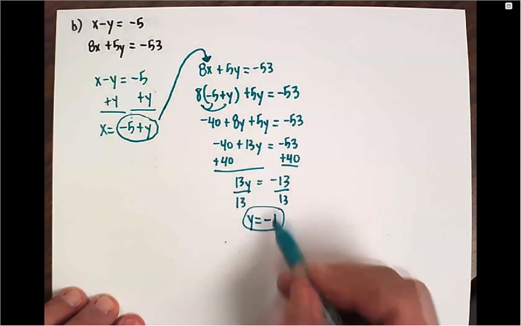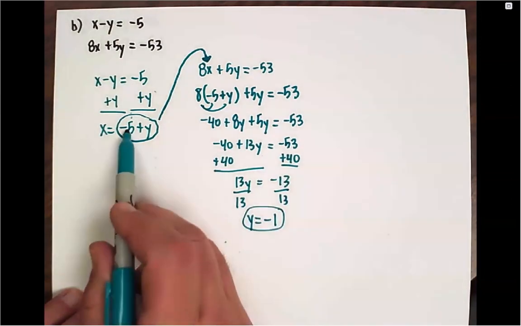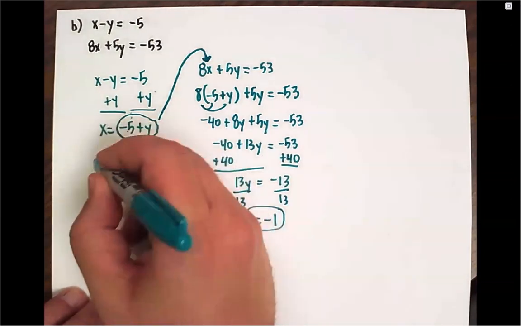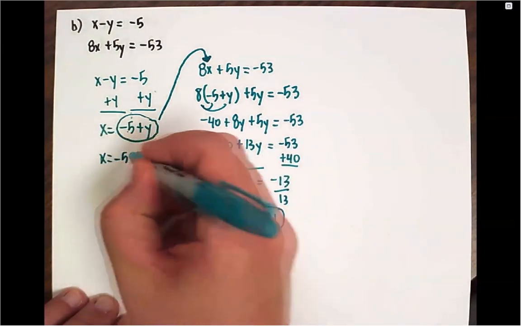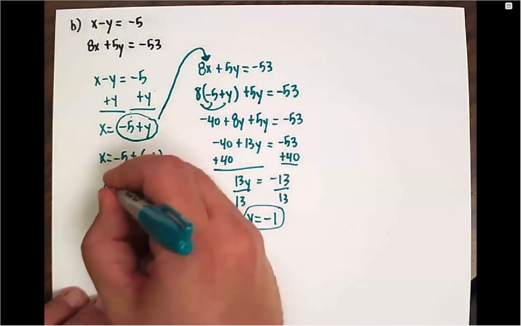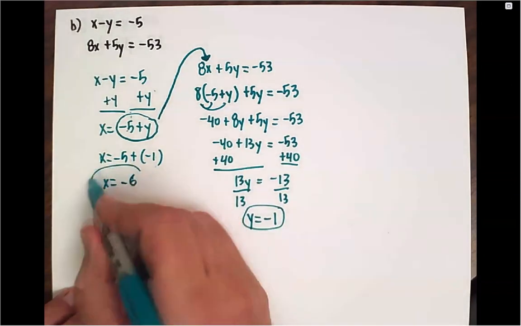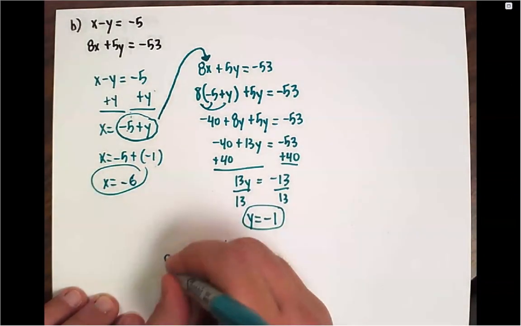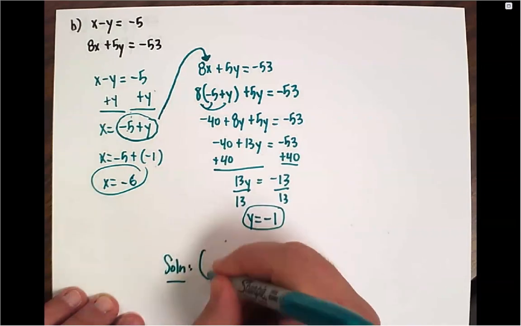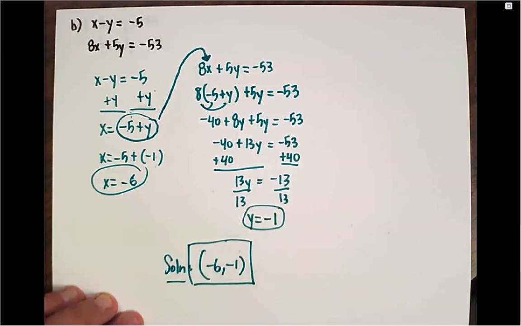So if y equals negative 1, what's x? x is negative 5 plus y, so x is negative 5 plus negative 1. If I've got two numbers that have the same sign and I'm adding them, I add the numbers and keep the sign. So this is negative 6. So x is negative 6 and y is negative 1. So the solution is the ordered pair negative 6, negative 1.